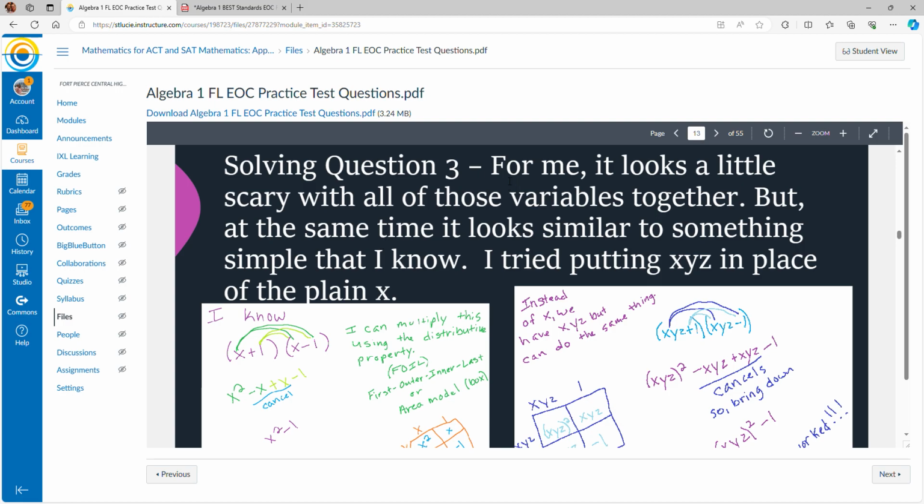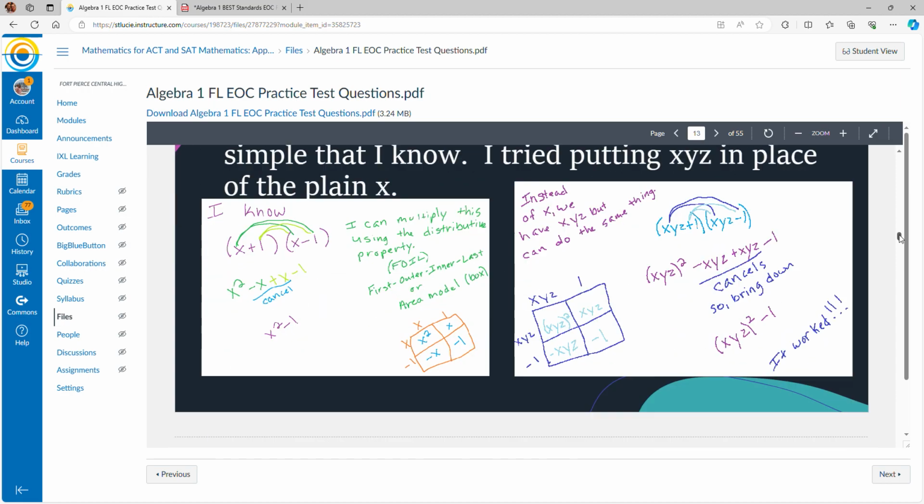Having those 3 variables at the beginning, I said for me it looks a little scary with all of those variables together, but at the same time it looks similar to something simple that I know. So I tried putting XYZ in place of a plain X.